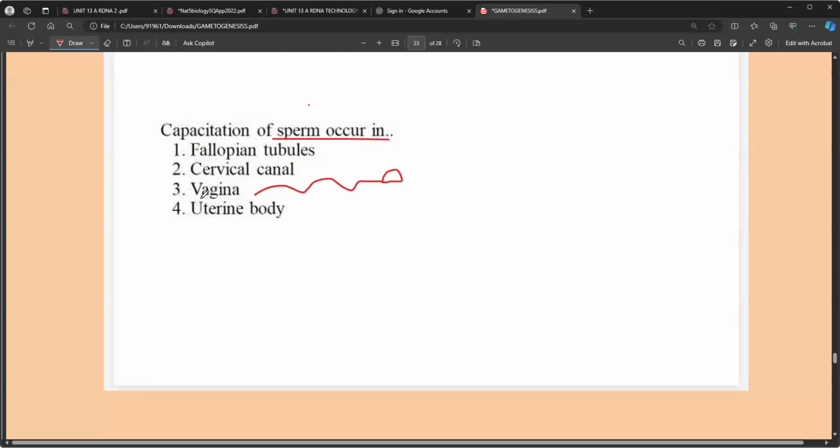But the question is not about how the sperm is entering. The question is about where it gets completely matured. So where is that specific region? That specific region, we generally call it what? Fallopian tube. No point of getting confused over there. Okay. Try to understand it correctly.